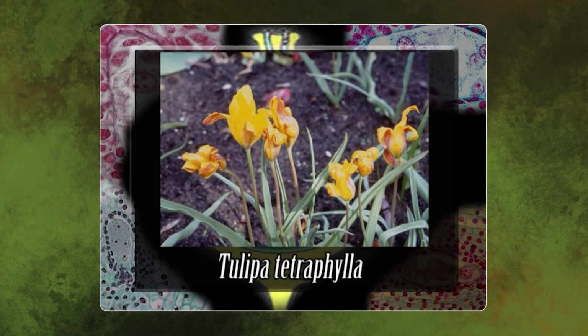Tulipa tetraphylla shows almost a similar type of development. After the meiotic divisions are over, 3 nuclei go to the micropylar pole and 1 to the chalazal pole due to the formation of a vacuole. All of them divide again, so that there are 6 daughter nuclei in the upper part of the embryo sac and 2 in the lower.